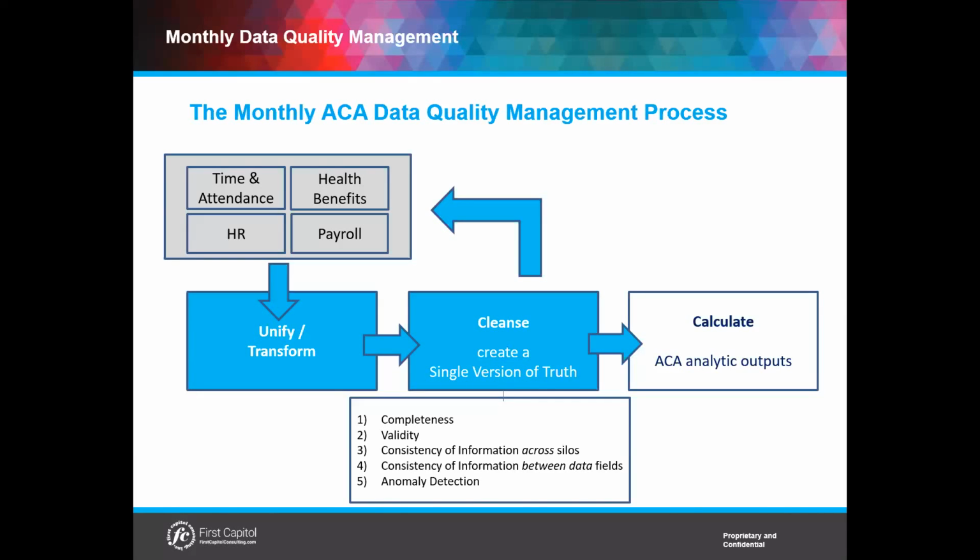And so if we look at this visual here, we see these four data domains of time and attendance data, health benefits data, HR data, payroll data. On a monthly basis, one thing that many organizations struggle with, for those that are using external vendors, is that it's up to them to really unify and transform that data, to manipulate it into a format that can then be ingested by their vendor's data platform.